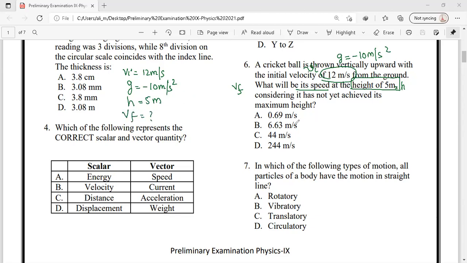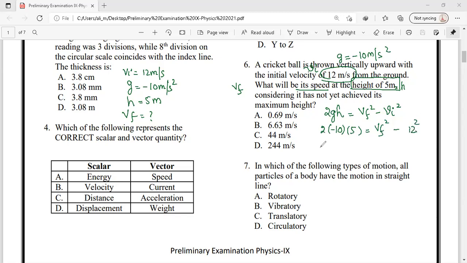So by looking at the data given, let's apply the third equation of free fall motion, that is 2gh equals vf square minus vi square. So by putting the values, g is minus 10, h is 5, vf square is the required value, and vi is 12 square.